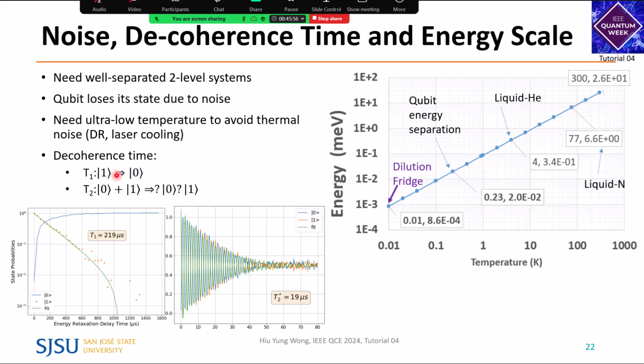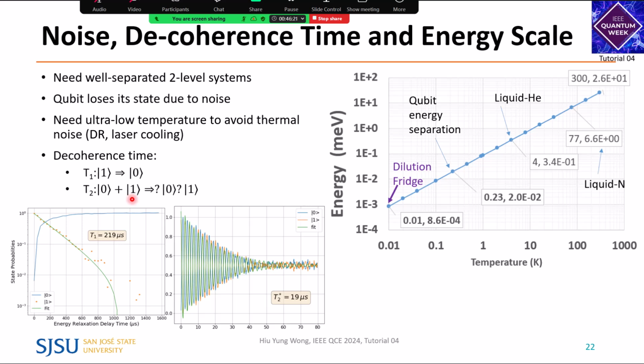We use some characteristic decoherence time to measure how good a quantum computer is. One is that we put them in the excited state, 1. They're supposed to stay forever, but unfortunately they will decay, right? For example, here, it takes 290 microseconds characteristic time to lose most of the information. Another is related to the phase decoherence.